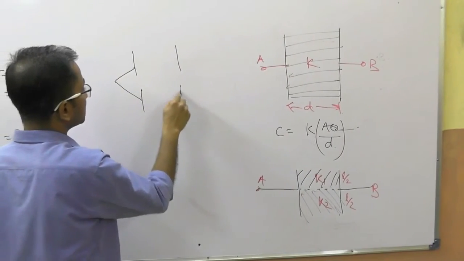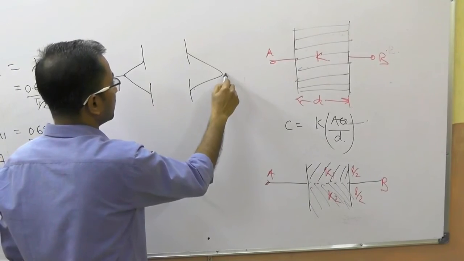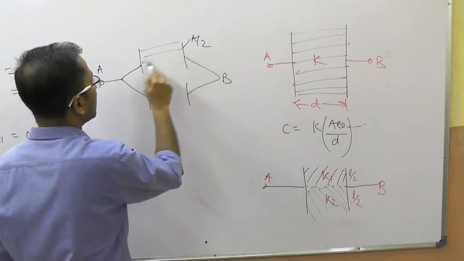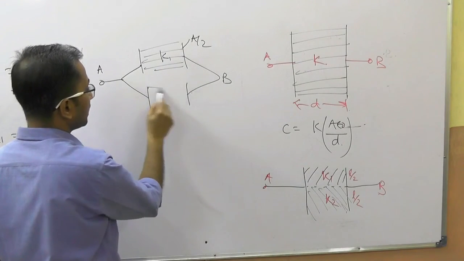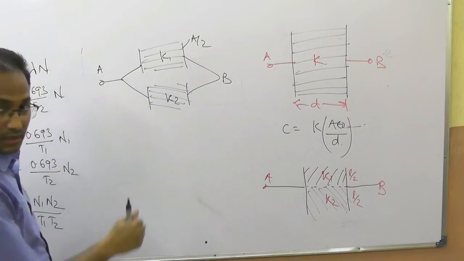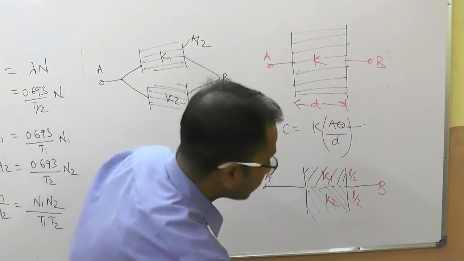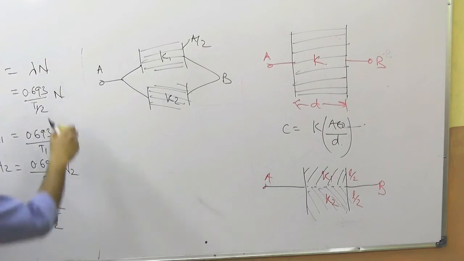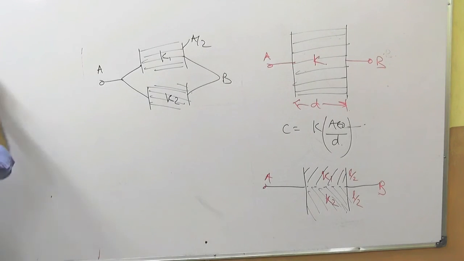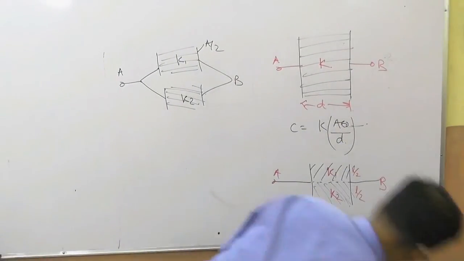So this same diagram you can draw like this: two capacitors connected in parallel. The cross-sectional area of each becomes A by 2, with dielectric constant K1 here and K2 here. Suppose the capacitance of this capacitor is C1 and this one is C2, both connected in parallel. The area of cross section of each becomes half, since it is equally divided into two parts.